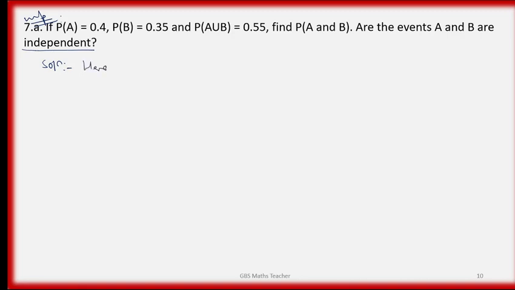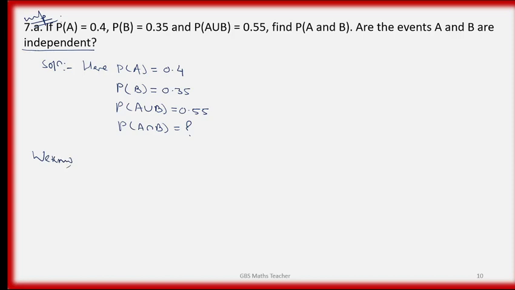Here, probability of A equals 0.4, probability of B equals 0.35, and probability of A union B equals 0.55, and probability of A intersection B equals what?